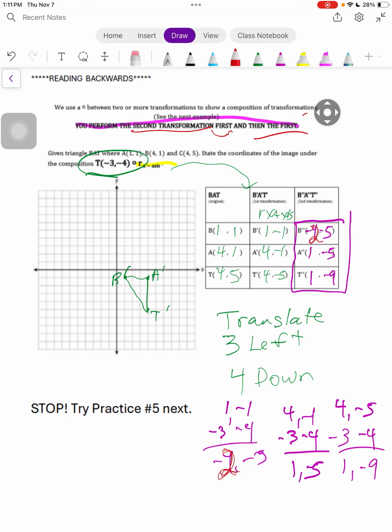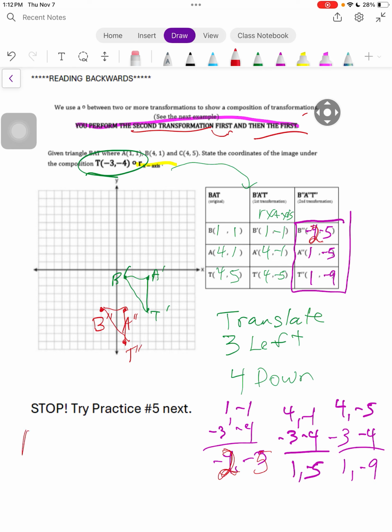So (-2, -5) is going to be B double prime. A double prime is going to be (1, -5). And T double prime is going to be 1, and then 6, 7, 8, 9. There's your T double prime.